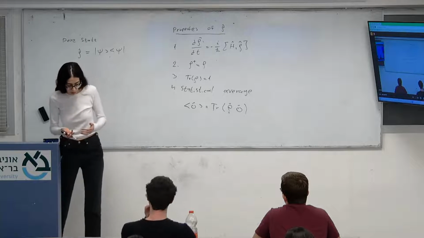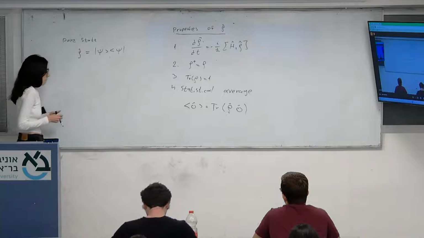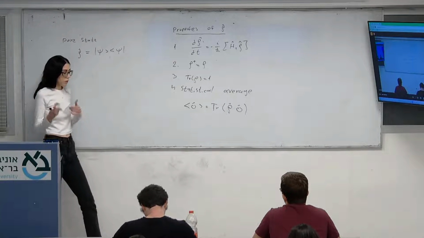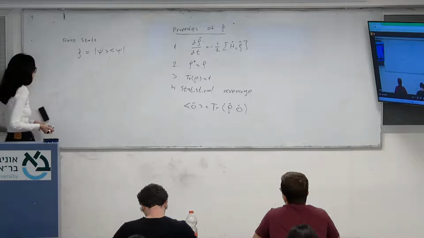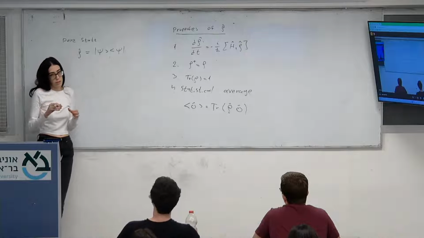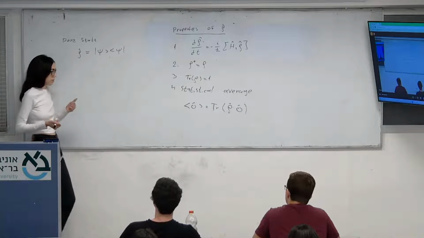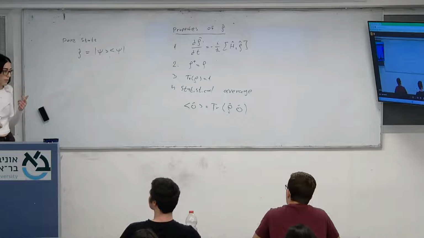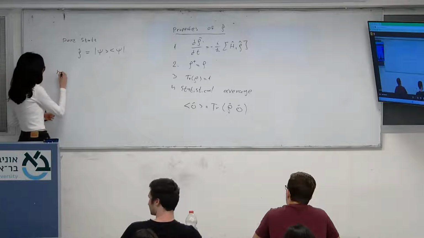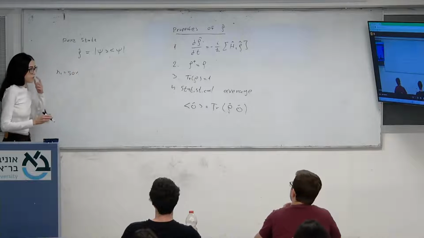So if I look at the example that I showed in the beginning, we have a difference. I say, okay, I have a system with n particles and I have 50% chance to measure a particle in state 1. So I have n1 equal to, let's say, 50%.